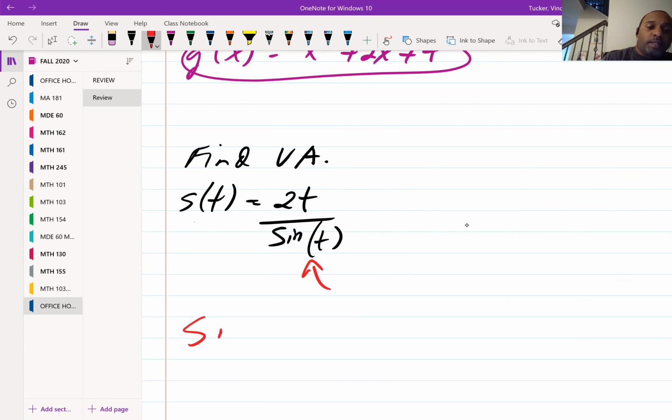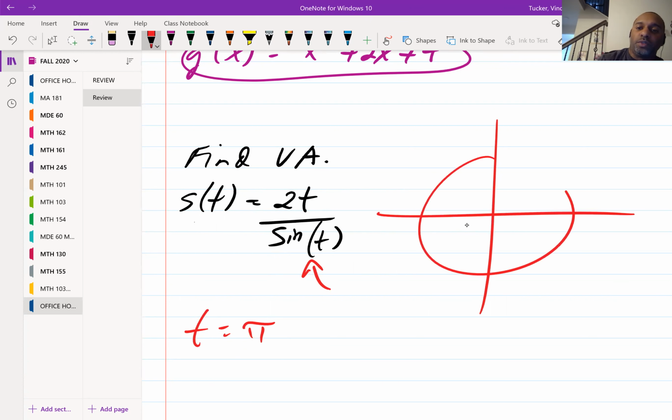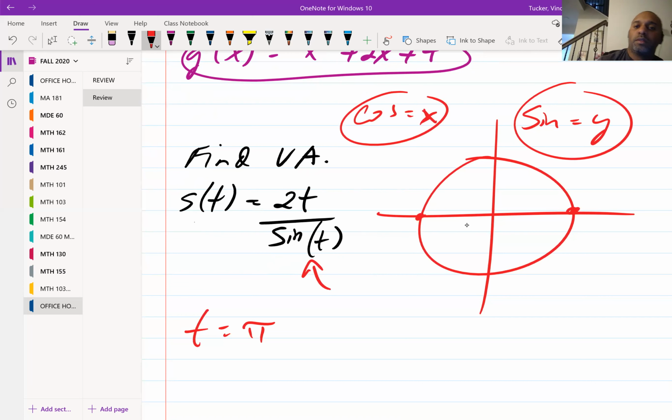So the times that sine will give you 0 will be when t is equal to pi. If you're talking about the unit circle, sine is equal to y and cosine is equal to x, as far as your xy coordinates.